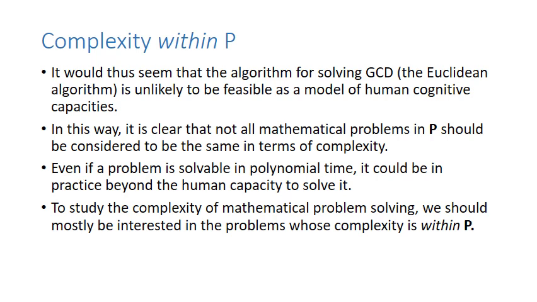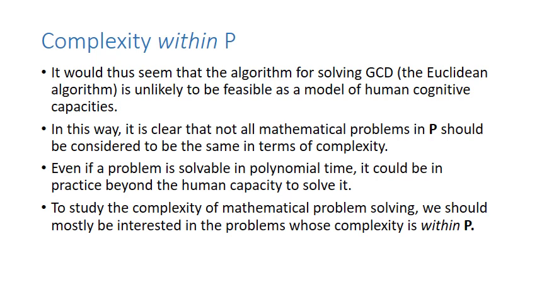So it would seem that solving the greatest common divisor problem by the usual Euclidean algorithm is unlikely to be feasible as a model of human cognitive capacities. So in this way, it's clear that not all mathematical problems in P should be considered to be the same in terms of complexity. Even if a problem is solvable in polynomial time, it could be in practice beyond the human capacity to solve it.